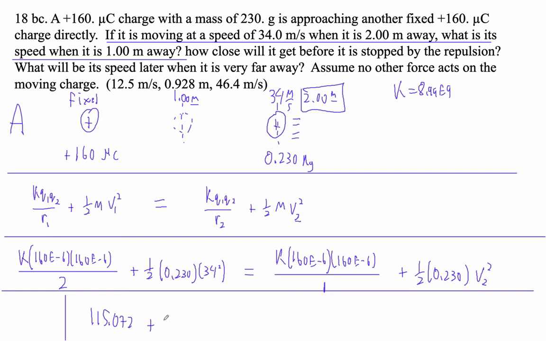And then let's do this guy. 0.5 times 0.23 times 34 squared. That's 132.94. Okay, and then this term here is going to be easy because all I have to do is that same expression, but it's going to be over 1. So that's 230.144.